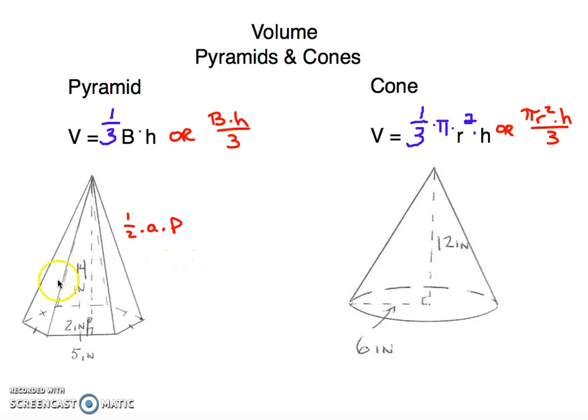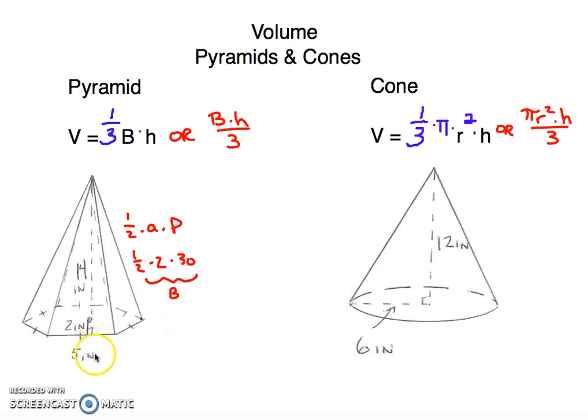The apothem goes from the center to the middle here, so that's 2, times the perimeter. That side right here is 2, 4, 6. So if this side is 5 and there's 6 sides total, our perimeter would be 30. So here's our capital B right here.